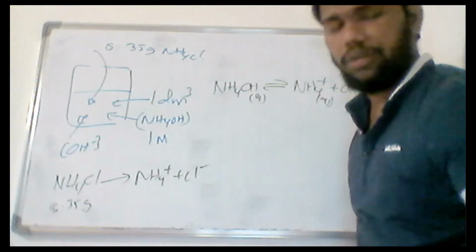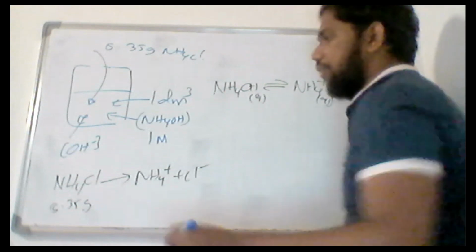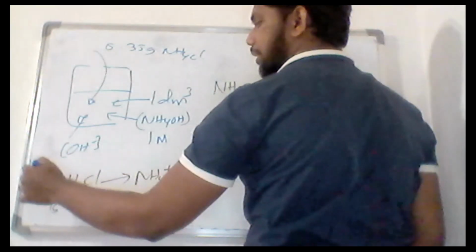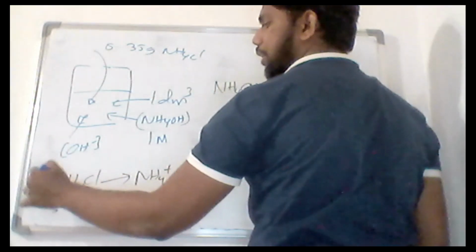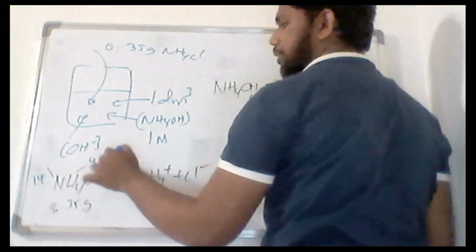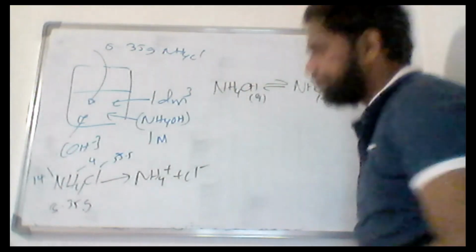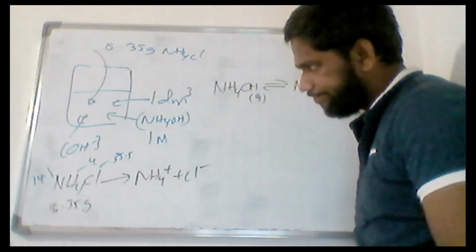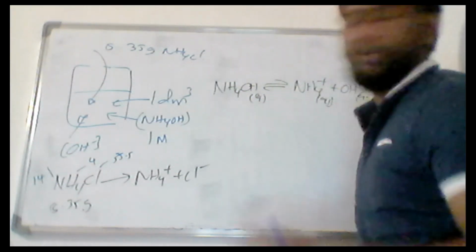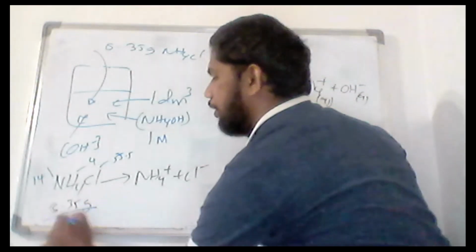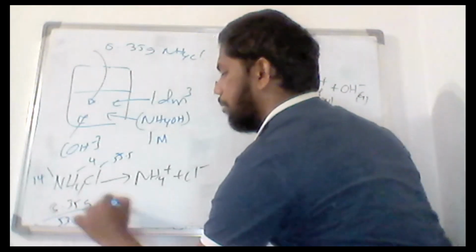So if you think about the molecular weights, nitrogen is 14, hydrogen is 4, this is 35.5. So in fact, this is 53.5, so 5.35 over 53.5 grams per mole.